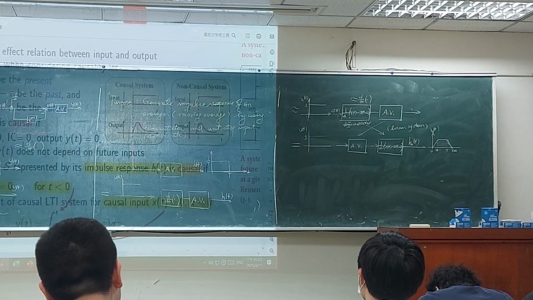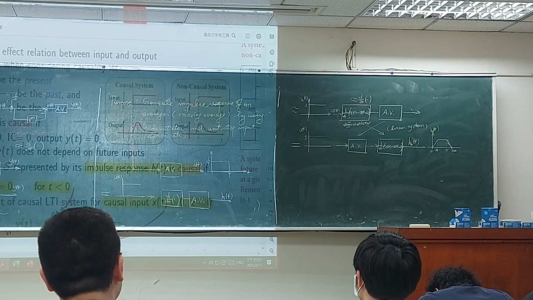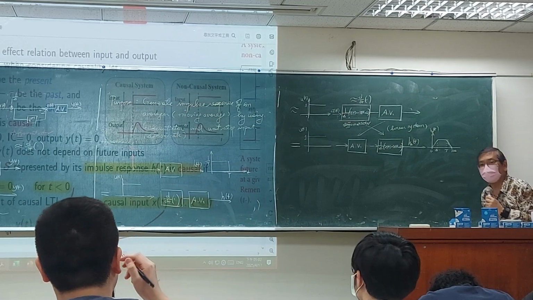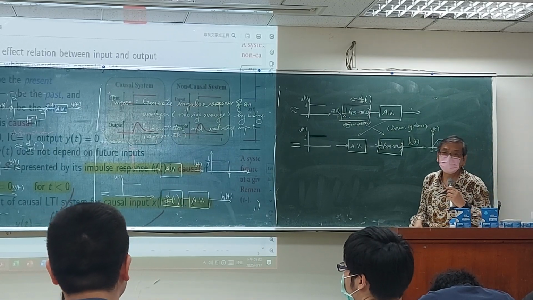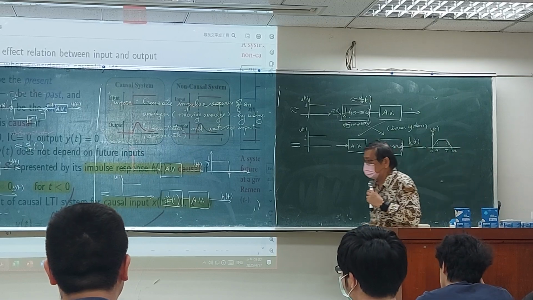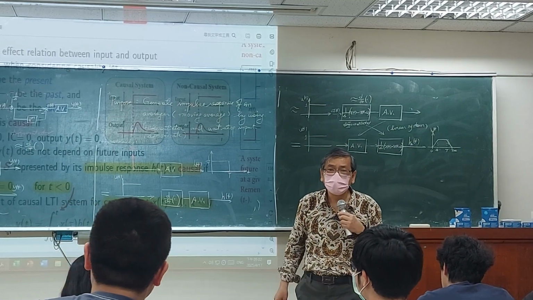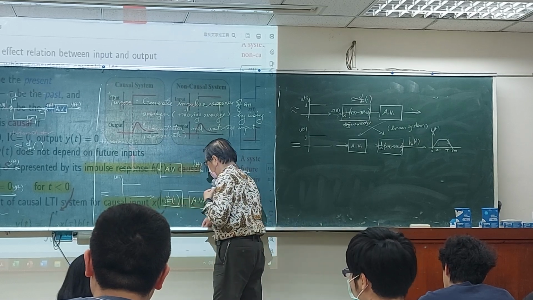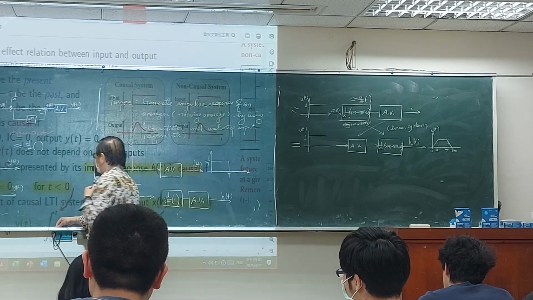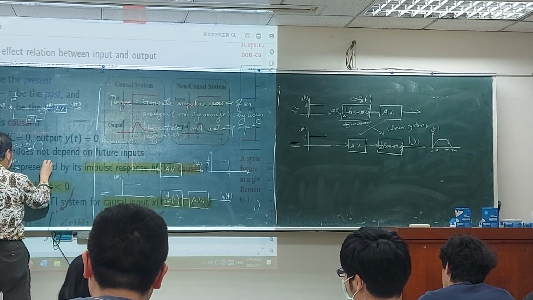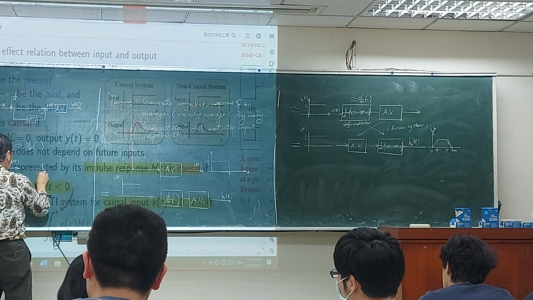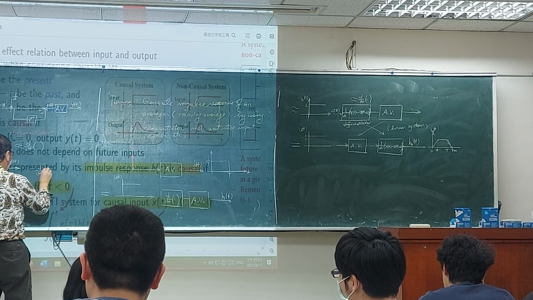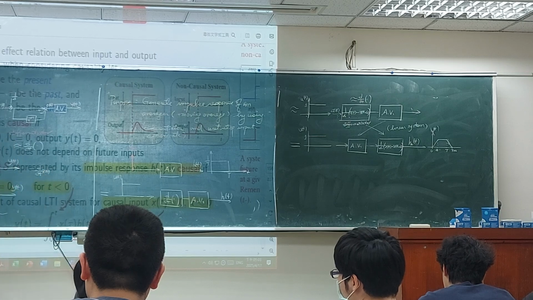Any questions? Yeah. Why is the differentiator zero? Say that again? Why is the differentiator zero? Differentiation, because this is differentiation, right? For example, suppose you want to differentiate x of t over dt.